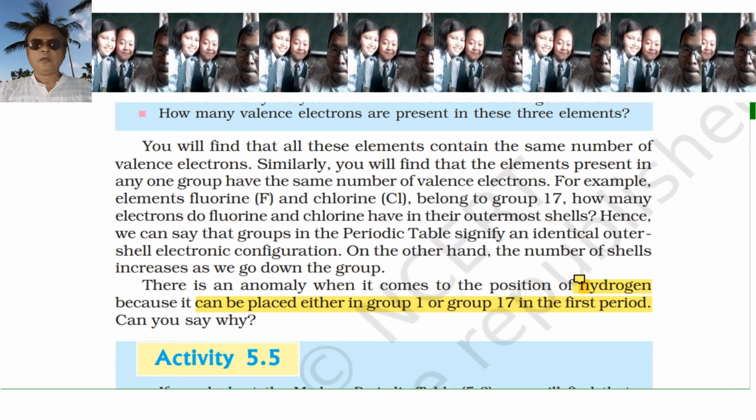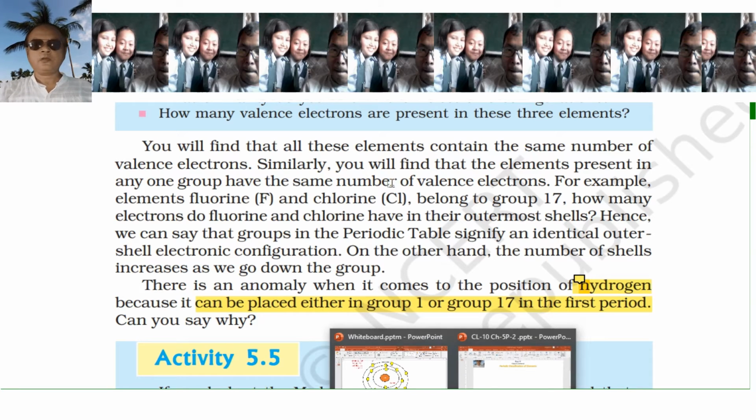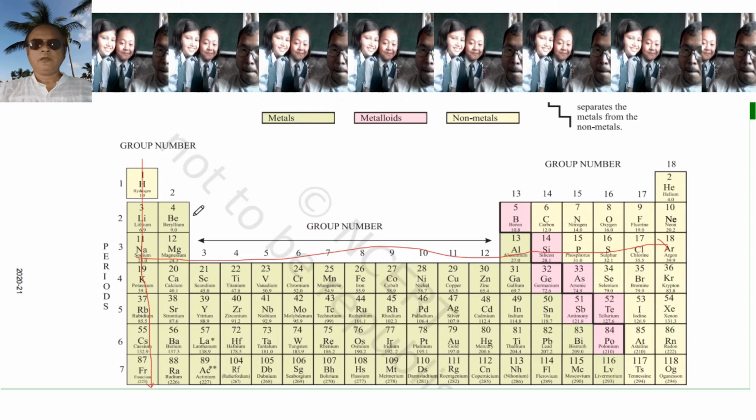We can place hydrogen in the 17th group also, because in the outermost orbit hydrogen has 1 electron.